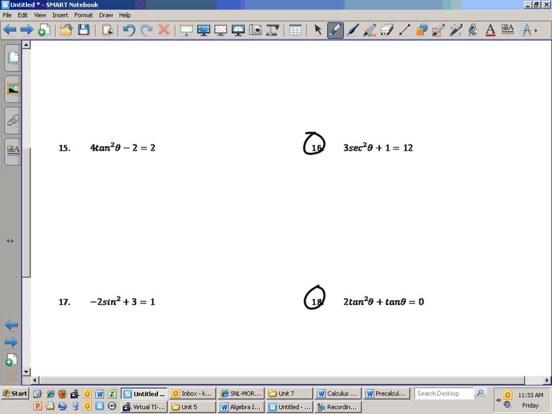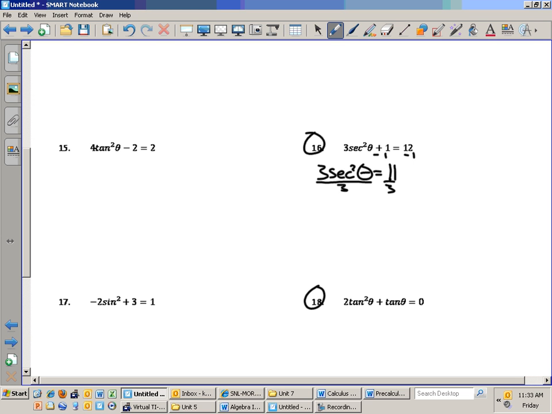I'd like to go over 16 and 18 actually with you right now. Not 15. 15 you'll get, no problem. What do we do to 16? What do we do to both sides? So 3 secant squared of theta is equal to 11.